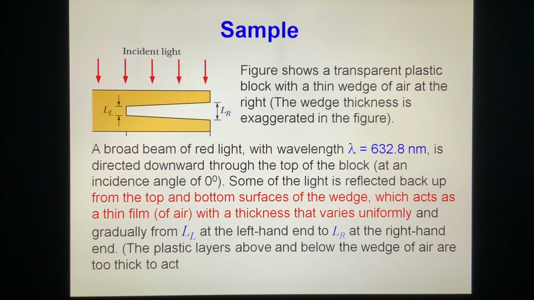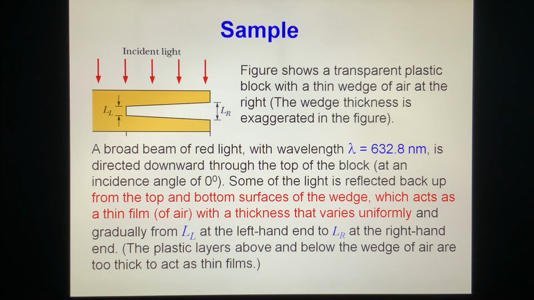Some of the light is reflected back from the top and the bottom surface of the wedge, which acts as a thin film. In this case, the thin film is air. It's very thin, and the thickness varies uniformly and gradually.